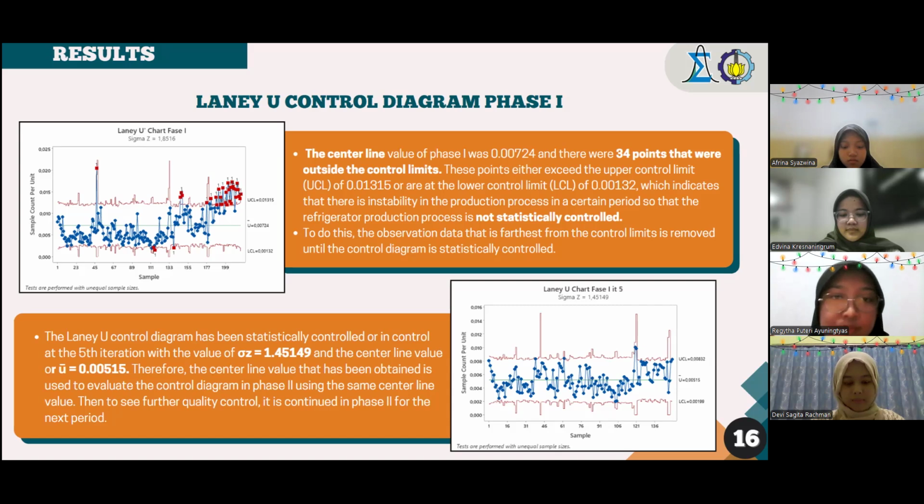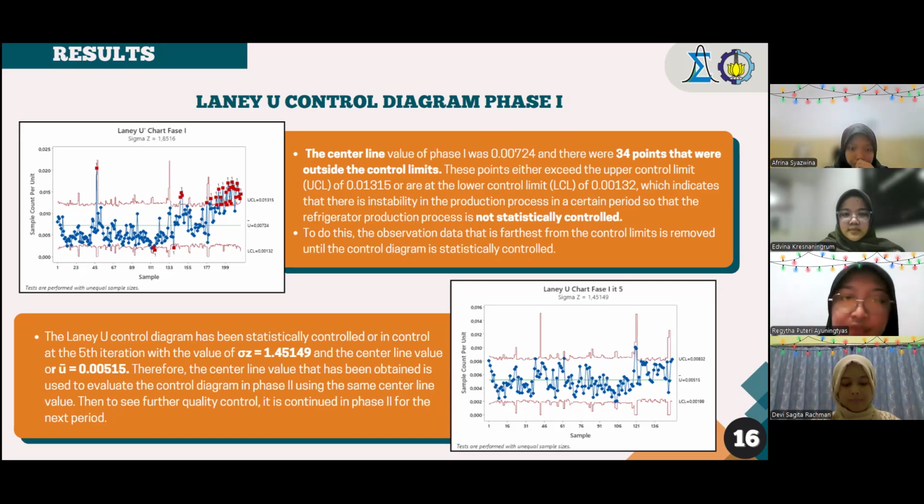So to do this, the observation data that is furthest from the control limit is removed until the control diagram is statistically controlled. In figure 2, the Laney U control diagram has been statistically controlled, or we can say the diagram is in control at the 5th iteration with the value of sigma z of 1.45149, and the center line value is 0.00515.